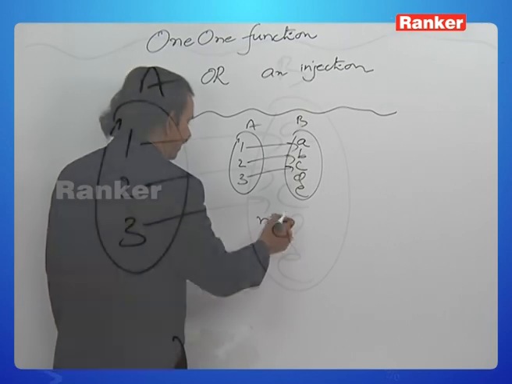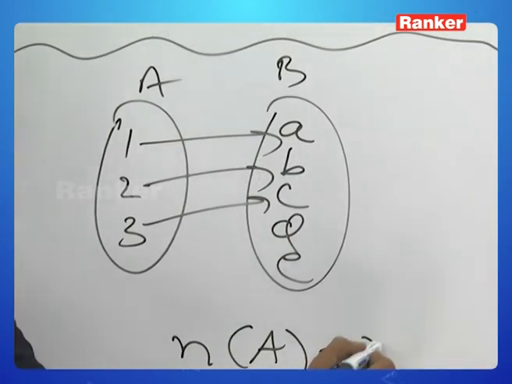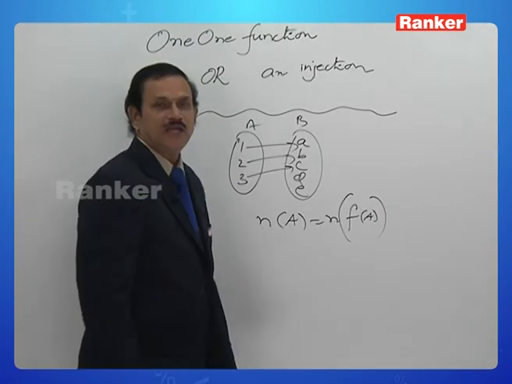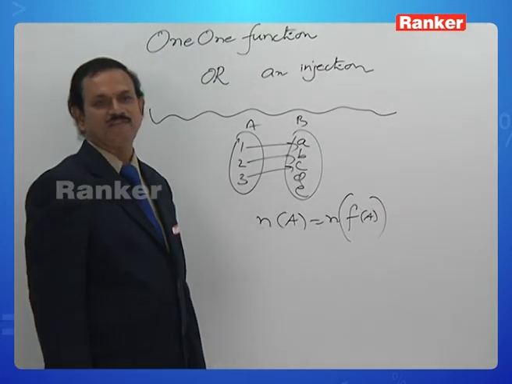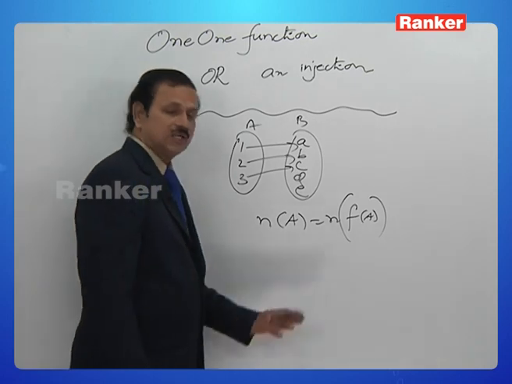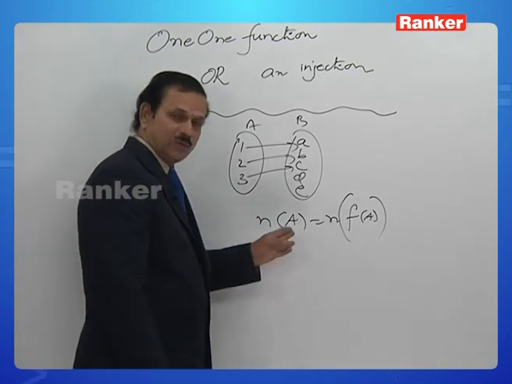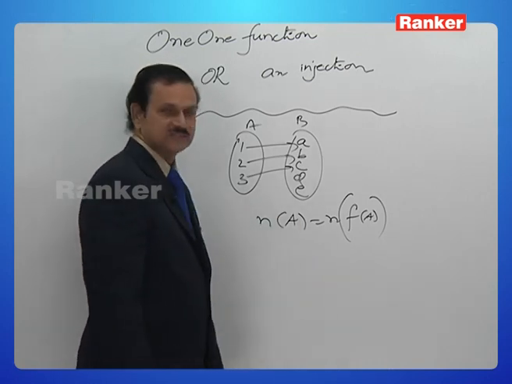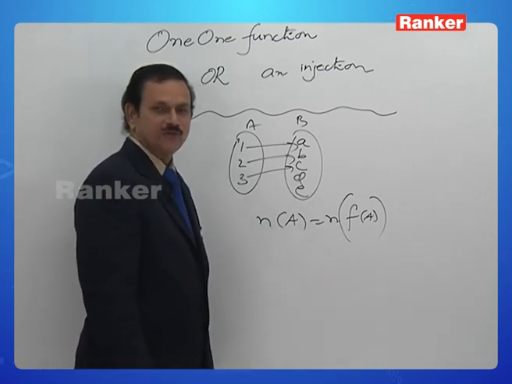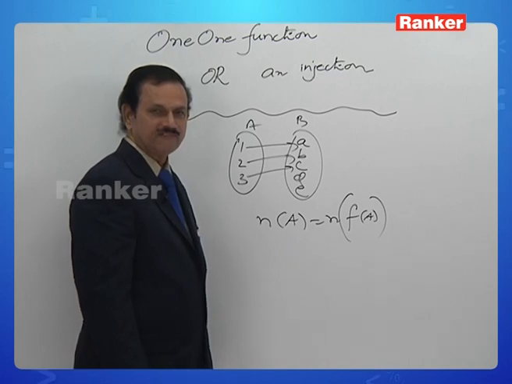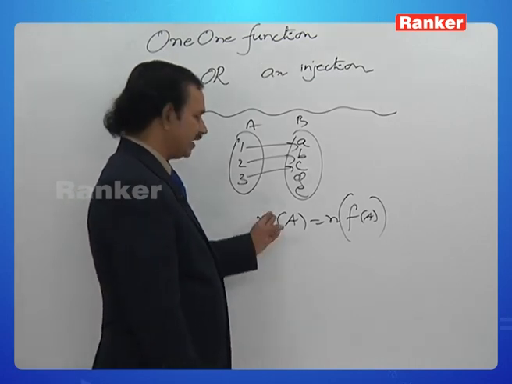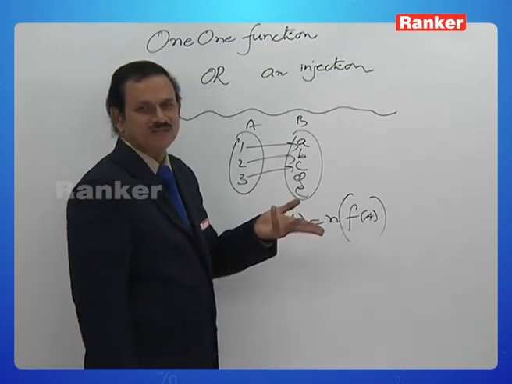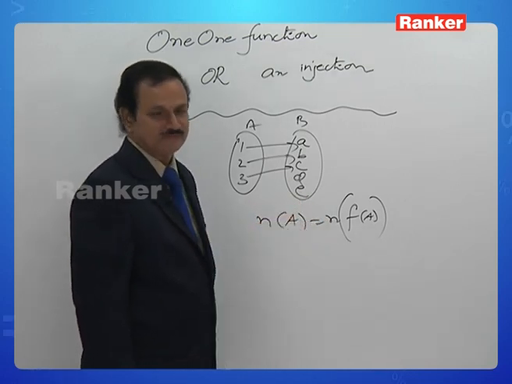If A and B are finite, then n of A is equal to n of f of A. Of course, this is valid when and only when A and B are finite. For finite sets, we write this sentence: n of A is equal to n of B. Well, this is a beautiful function which can be seen in our daily life.